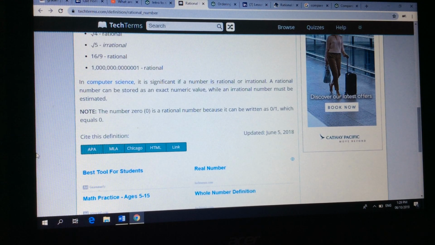A rational number can be stored as an exact numeric value, while an irrational number must be estimated.